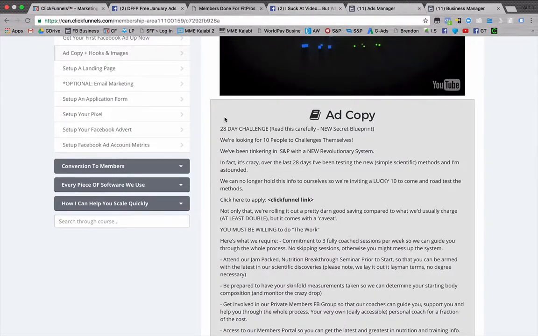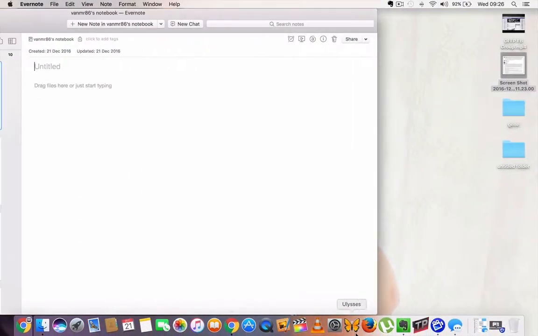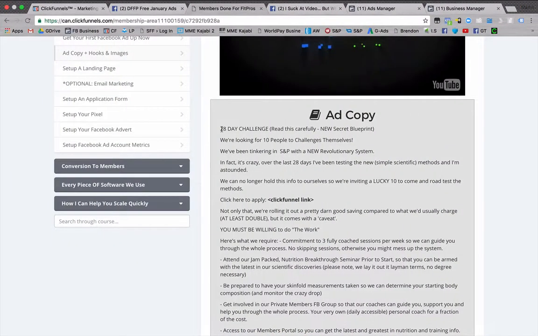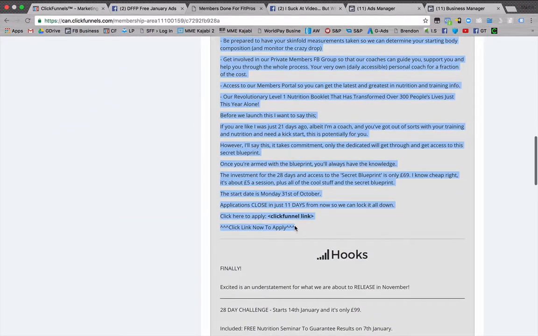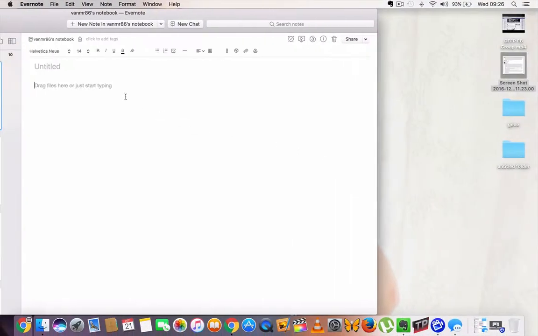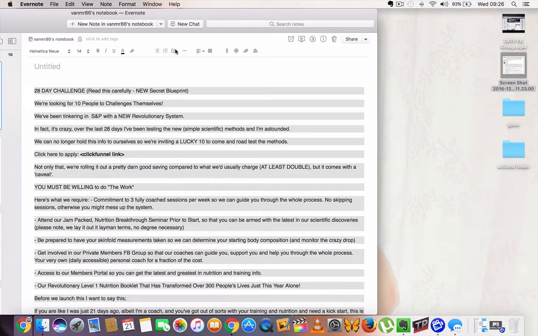If I was you, I would open up Evernote, if you have it. If you have Evernote, that's great. Get that open, and then just copy. I'm going to go through this copy with you right now, just to show you how easily you can edit it yourself and put in whatever your offer is.